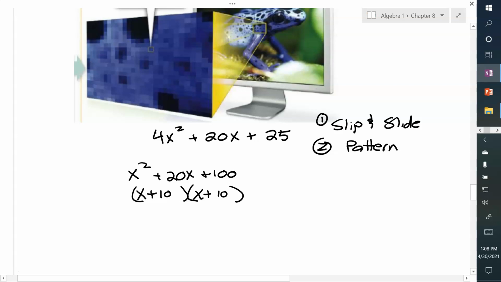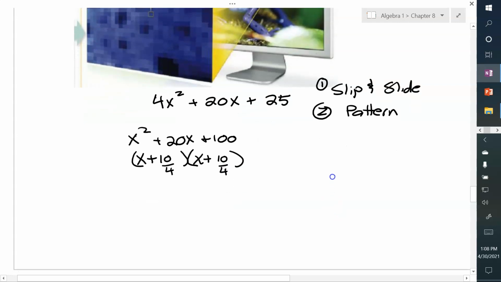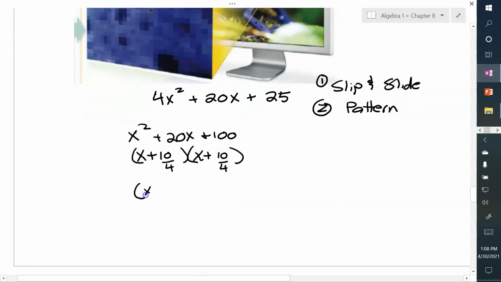So that's my slip. Now I'm going to slide. Since I had to multiply by 4, I'm going to divide everything by 4. And then I need to reduce this. So x plus 5 over 10 times x plus 5 over 10. What am I saying? 5 over 2.